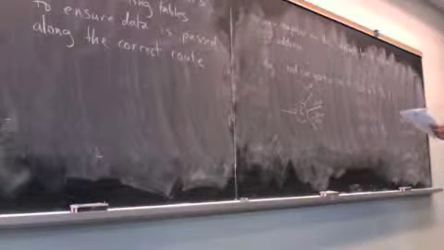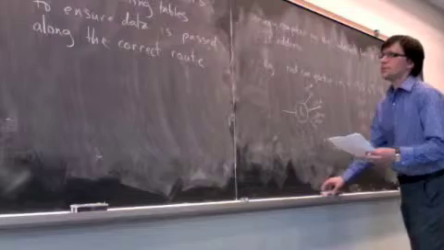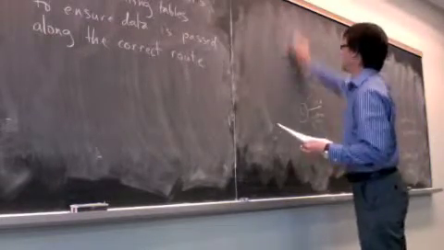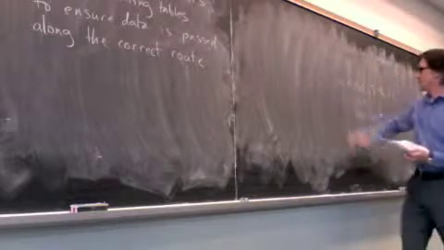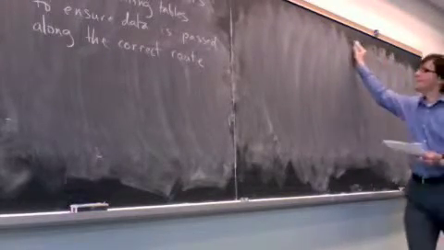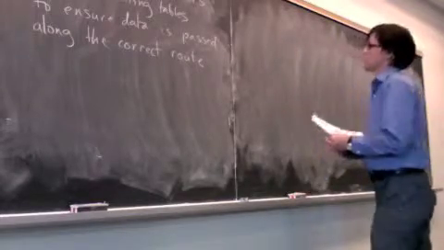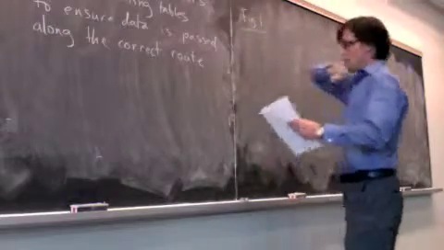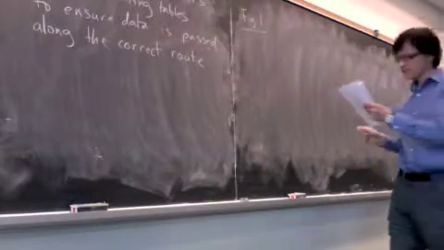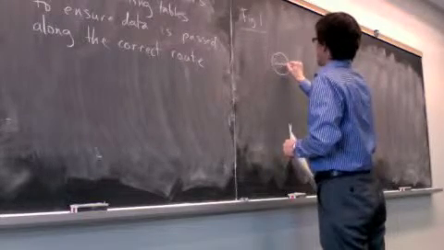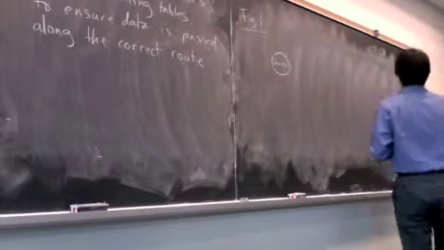Okay, so this should all be review for you. But roughly speaking, here's what internet routing looks like in a diagram. So this will be figure 1. There'll be some packet source, and some destination.